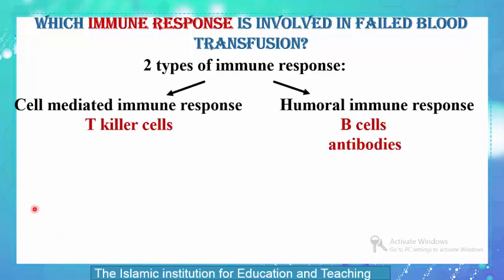The first one, cell-mediated specific immune response, and the second one, humoral immune response. Once we state the term cell-mediated, we are talking about the activation of T killer cells. However, humoral is relative to the antibodies existing in the plasma.